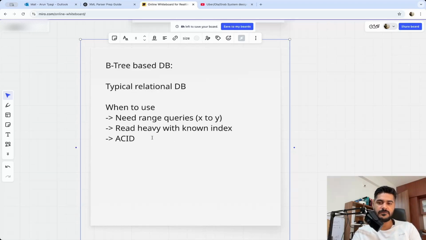And obviously if you need ACID, also not just on one table. Let's suppose you have relational, multiple tables which are joined, and you are simply saying that you need ACID properties on all those tables. That is where only a relational database will make sense. Our NoSQL will not work when you have joins and you want ACID on it, right?